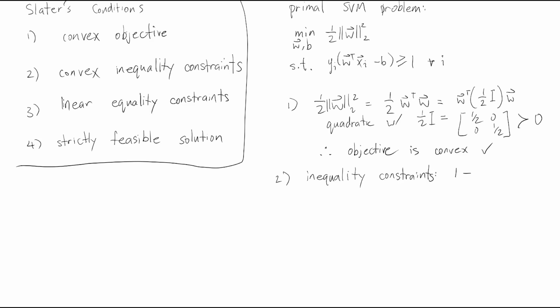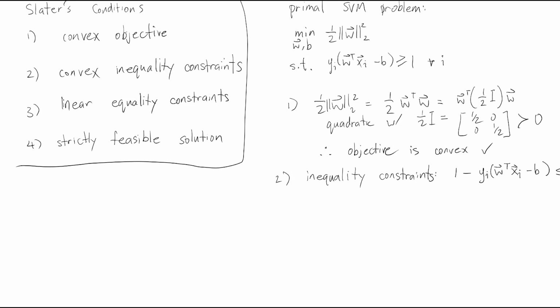We've already done this, so let me just quickly write this down again. It's going to be 1 minus yi times W transpose xi minus b. This should always be less than or equal to 0. So we want to show that this is convex in both W and b.